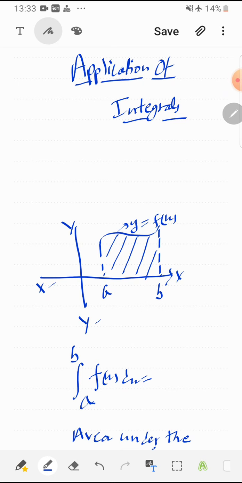It's different because in our syllabus application of derivatives there are various topics where we have done their application, whereas in integral we have only one topic, that is area under the curve.